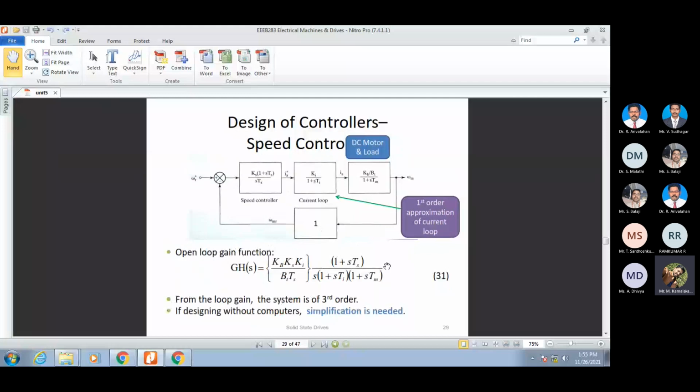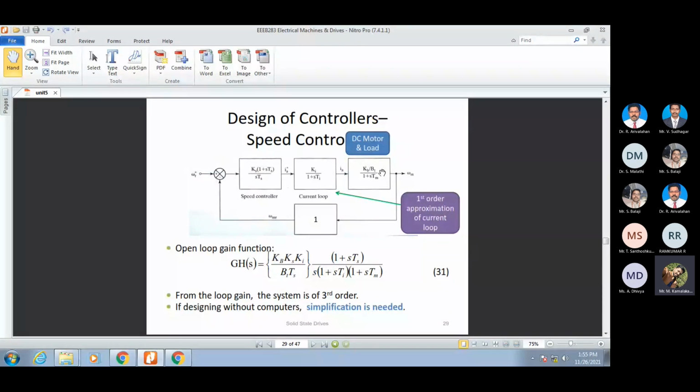For that unity feedback system, the loop gain becomes a third order system, because here one and here one are combined. We are combining all the loops. Previously we depended only on the current loop, where we reduced everything from fourth order to second order.